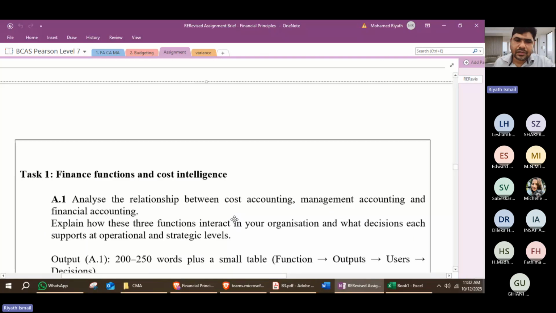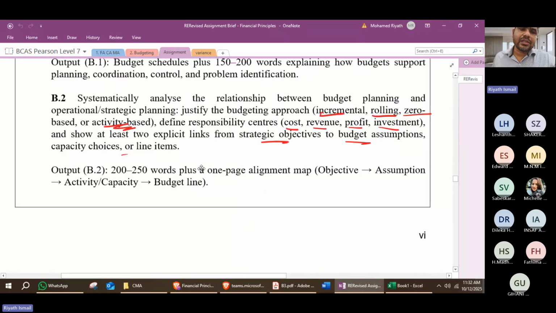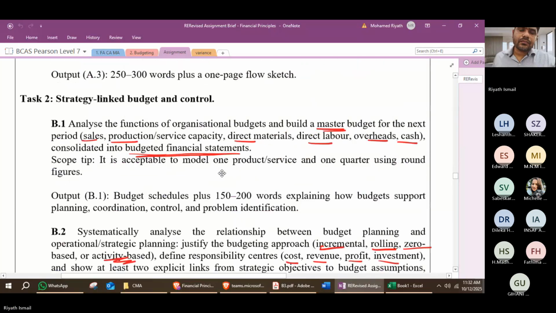But the thing is, you should relate this assignment. For example, in B1 you choose a soap manufacturing firm, in B2 you choose a service firm, and in B3 a chemical manufacturing firm.